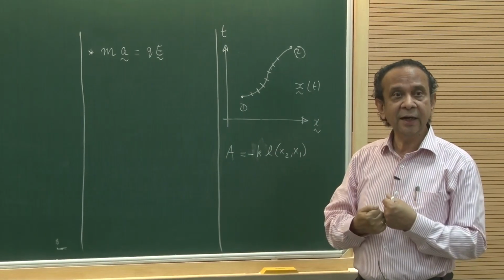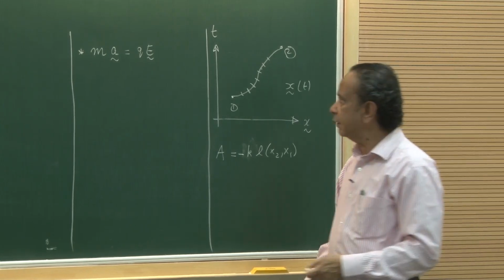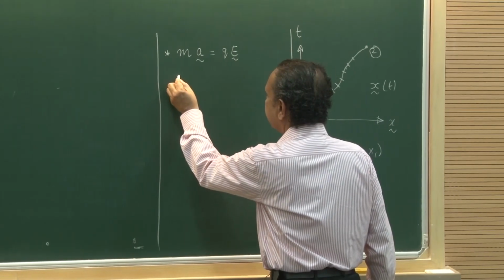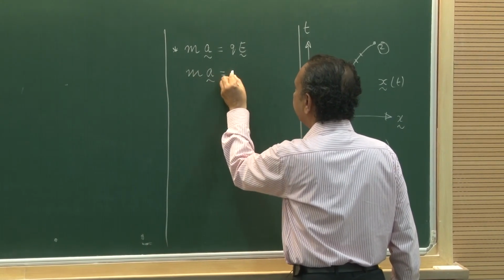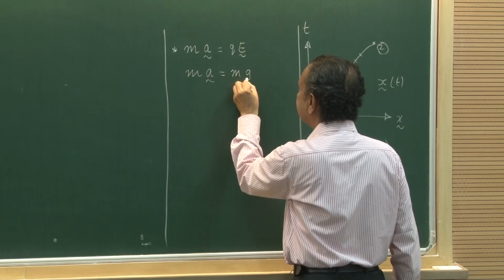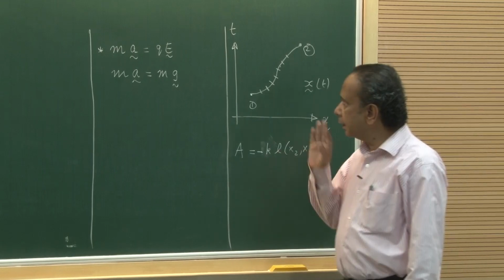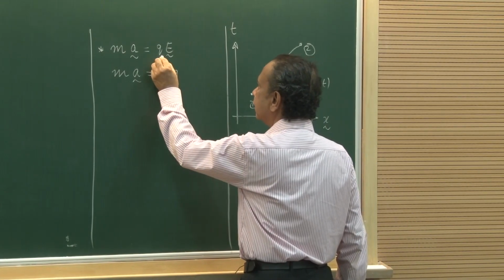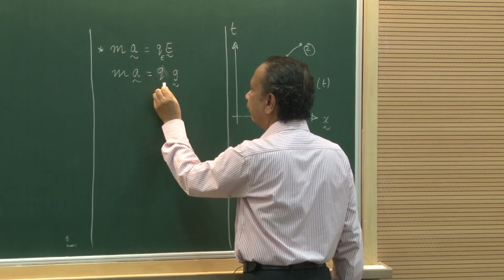Now, suppose instead of an electric field there is a gravitational field. Okay? Then you will write another equation which says mass times acceleration is equal to the force, which you will now say is mg. But to be precise, I should call this the electric charge, and I should put a gravitational charge here.